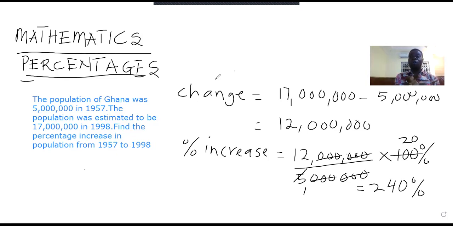So let's say if you go to Melcom and there you have a Milo tin. This is a Milo tin. And the price tag on the Milo tin is, let's say, 15 Ghana cedis. That's the price tag. But they may be having a promotion, where they can decide to reduce the price of the Milo tin by giving a percentage.